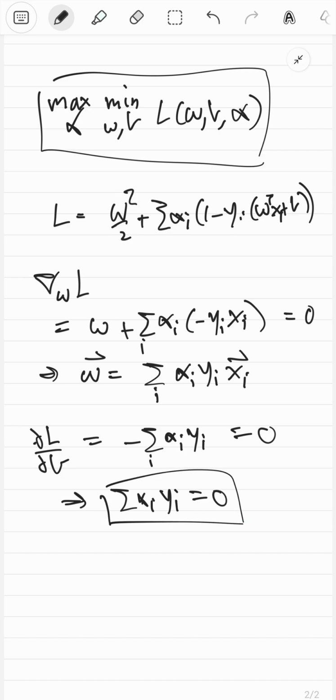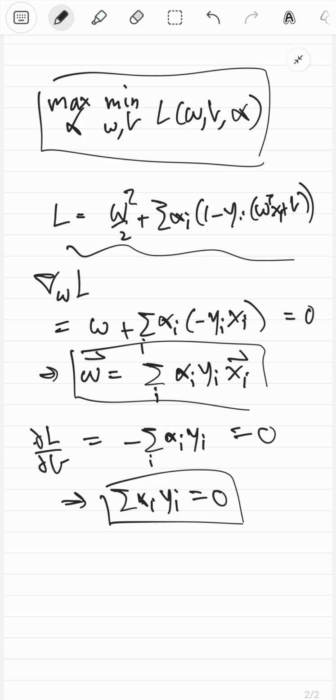Alright, now that we have these equations, we can plug them back into the loss function, which is just this thing, and get a new formula for the loss function. And so now we have solved this inner problem, and it just becomes a maximization over alpha. But what's the loss function?